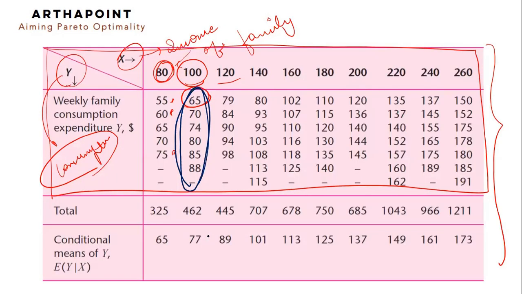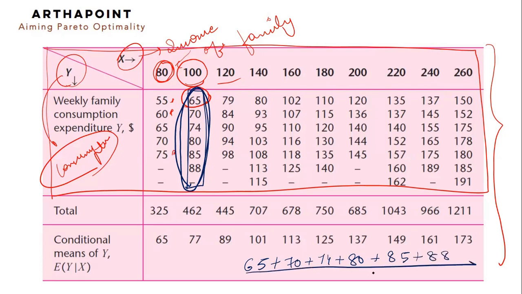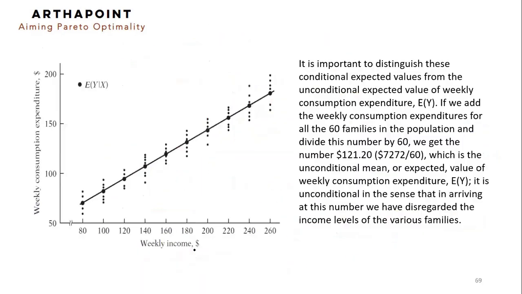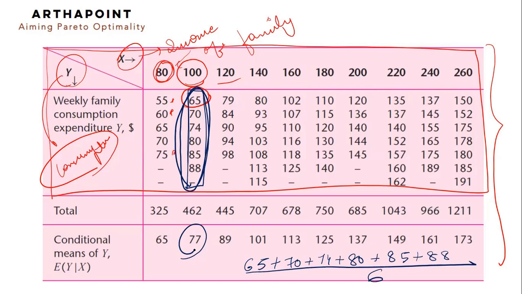So you are going to say 65 plus 70 plus 74 plus 80 plus 85 plus 88 divided by 6. There are 6 families that have income level of 100. You find an average of that, and the average comes down to 77. So that is my average, somewhere over here.